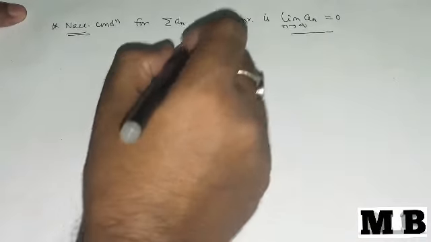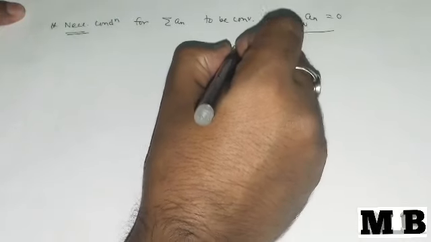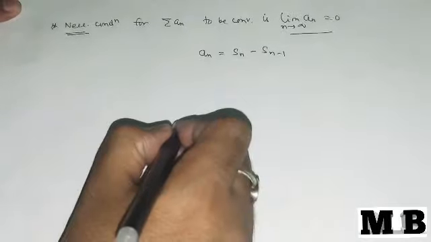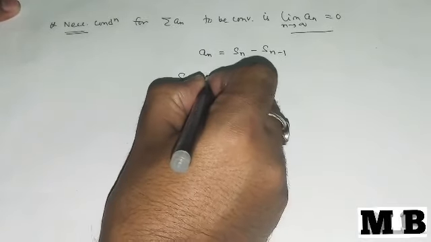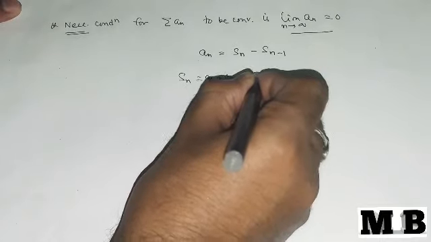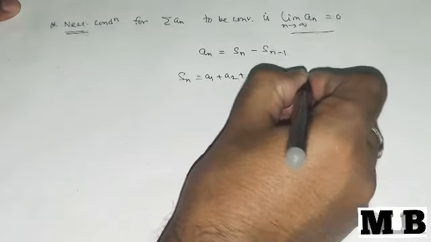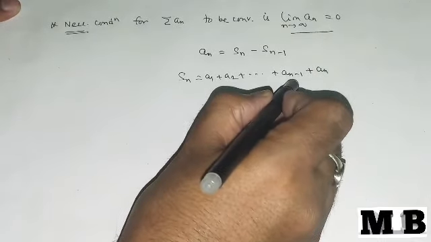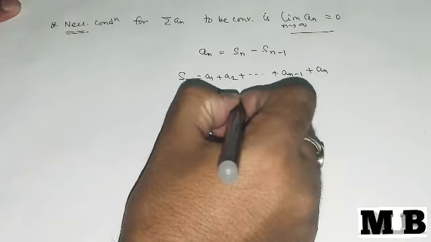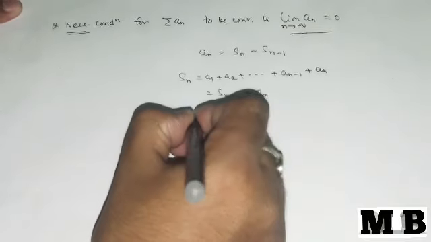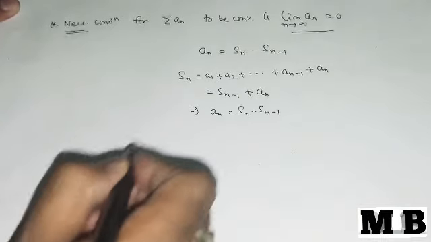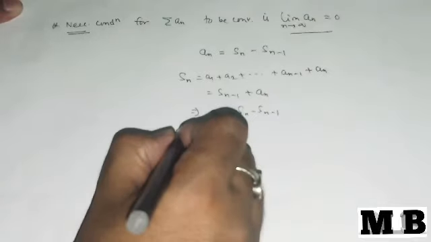But for the proof of this necessary part, the idea is something like this. You can write an as Sn minus Sn minus 1, because you know that Sn means a1 plus a2 plus, going on to an minus 1, plus an. So up to the an minus 1th term you have Sn minus 1, plus an. So immediately you can write an equals Sn minus Sn minus 1. There is nothing special. Now take the limit on both sides.